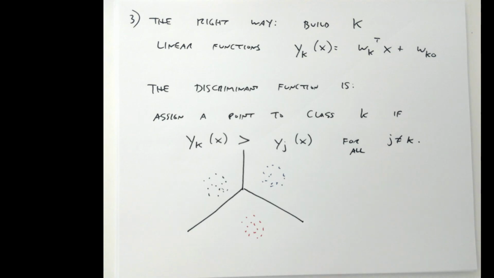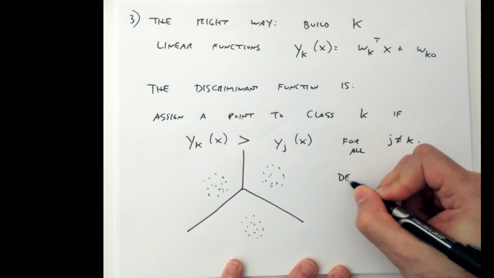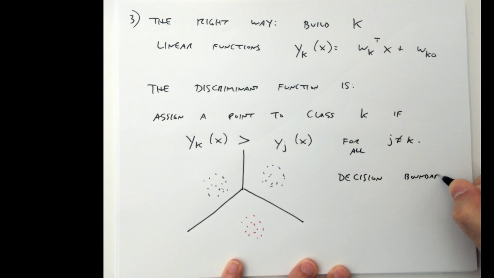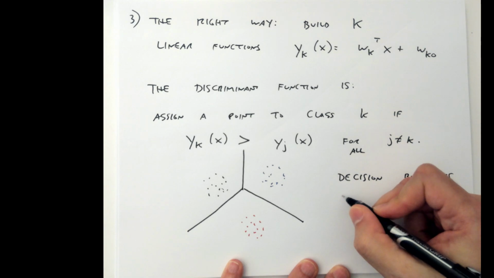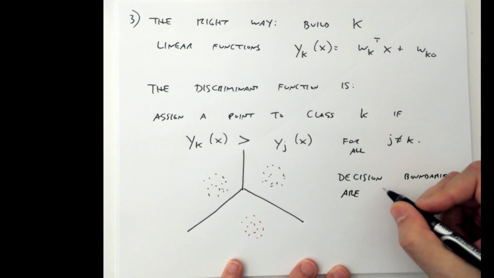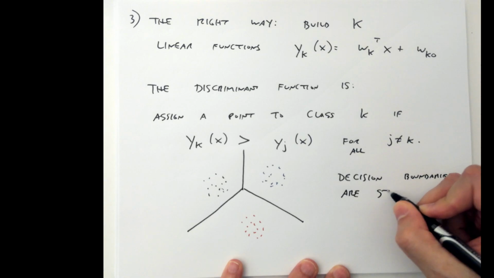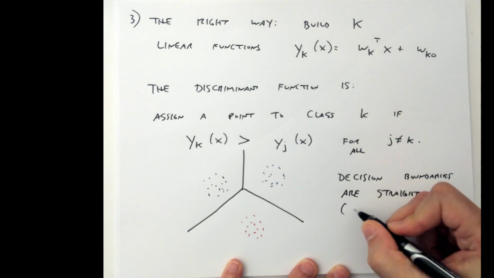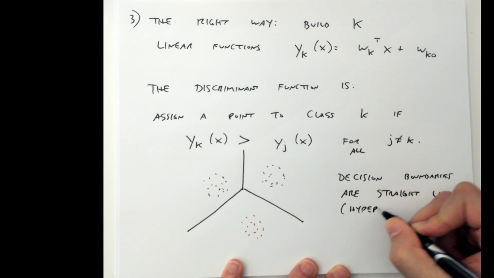So this results in decision boundaries that are basically straight lines, or more generally, hyperplanes.